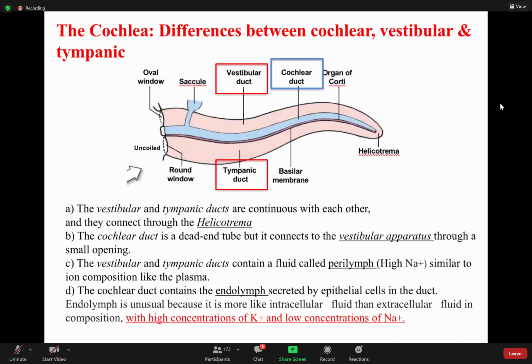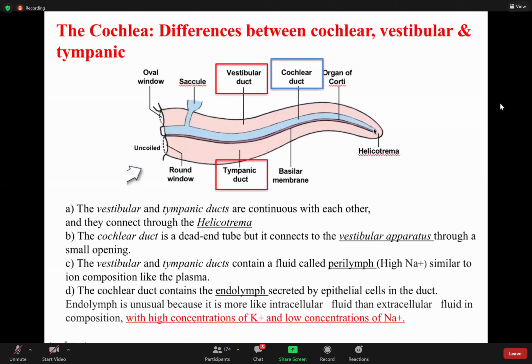You can see in the same shape over here in blue, the vestibular duct and tympanic duct are continuous with each other, and they communicate through this portal over here that we call the helicotrema. Now, as sound travels and fluid is displaced, you can imagine that it is displaced across these two membranes.